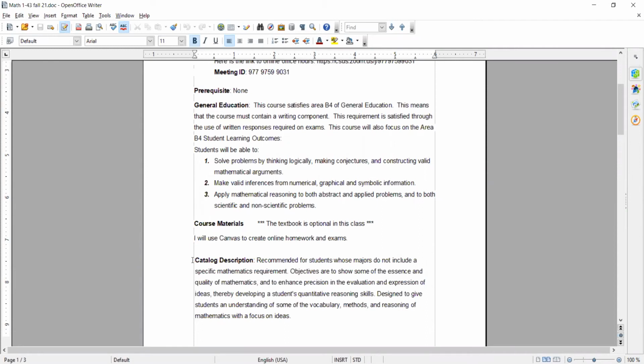So for the catalog description, this class is for students whose major does not include specific mathematics requirements. If you don't have to take a certain stats class, or move on to other math classes, you can take this class to fulfill a general education requirement. But again, this class does not prepare you to take another math class.